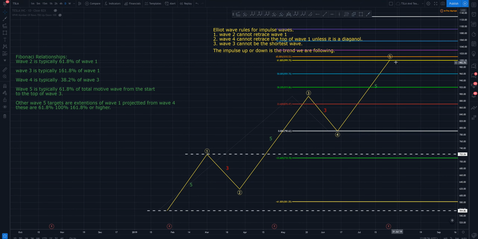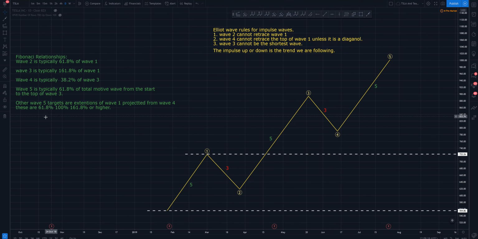This is the most likely place to find your wave 5, and the most typical place, but it is by no means a certainty, and is not as sure as the 61.8 or 38.2 retracements of waves 2 and 4 respectively, or the extension of wave 3. It is the typical place to find it, but is less certain.